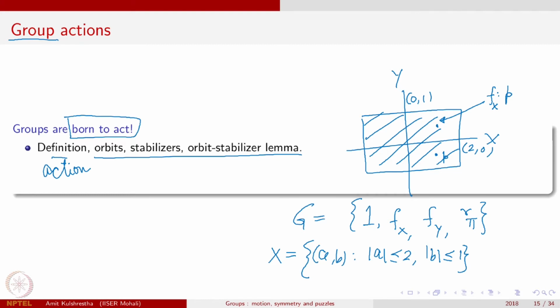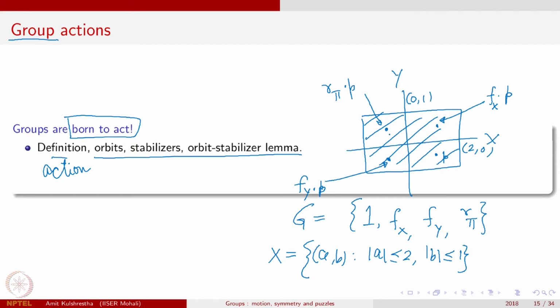Through this example only I am going to define action, and if I apply the other action, the action of Fy, then it will be somewhere here, and that is what I call Fy dot P. And this point will be here somewhere, R pi dot P. So, under the influence of this group, that is through the group action, P moves from this position to this position, this position and this position, these 4 positions it can move to. So, that is the basic thing.